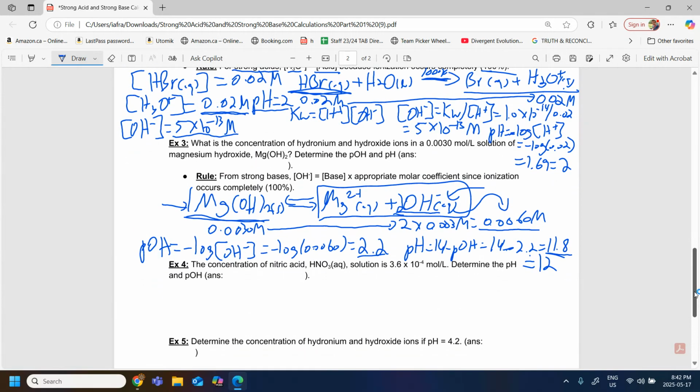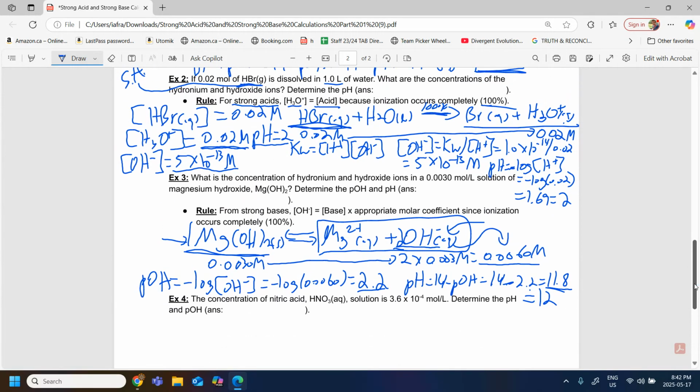All right, so that was a question where we had a strong base, and what's important is that you understand that was a strong base. So even though we wrote this as an equilibrium here because of KSP values and stuff like that, in reality, all that's happening is that it's a strong base, so all of it's ionizing 100% to become the magnesium and the OH.